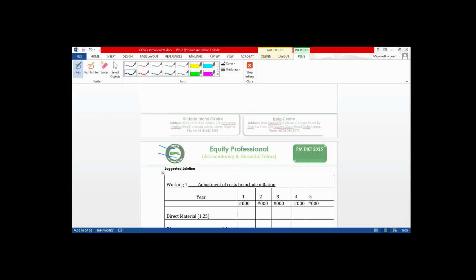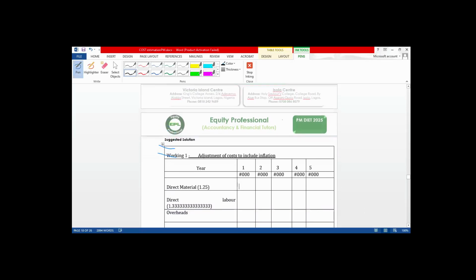Material cost in year 1 is 20 naira. Yes, 20, that is 20,000. Now, examiner says this cost will increase by 25%.